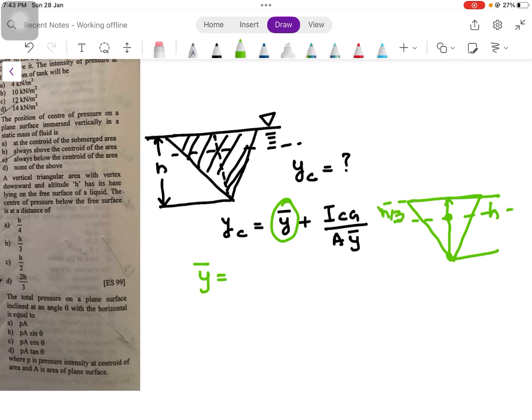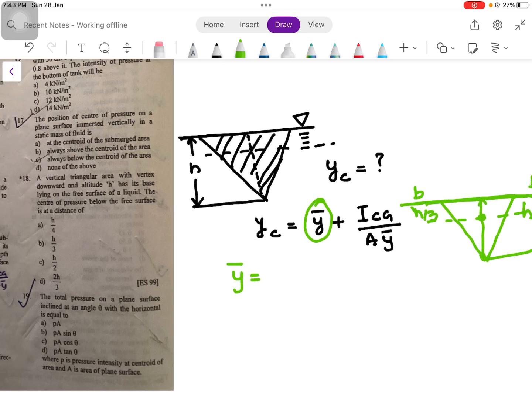That is, the centroid of a triangle is at one-third of the altitude from the base. So if this is the base, then the centroid is at a distance of h by 3 from the base. In our case, the base of the triangle is flush with the free surface and the plate is vertical, so y bar is h upon 3.